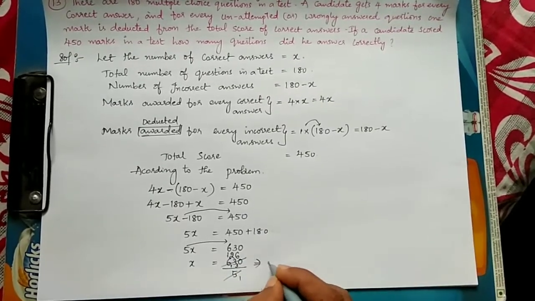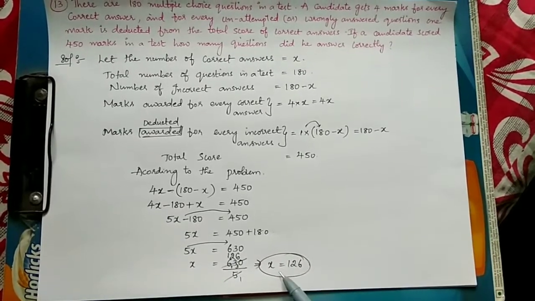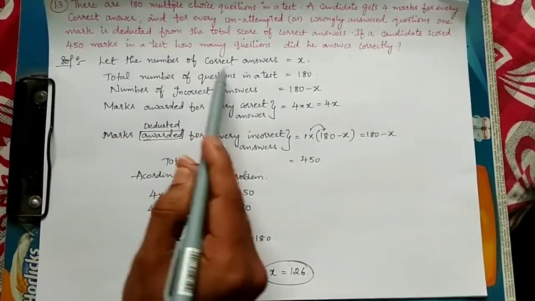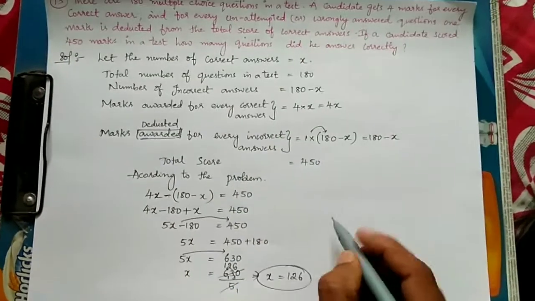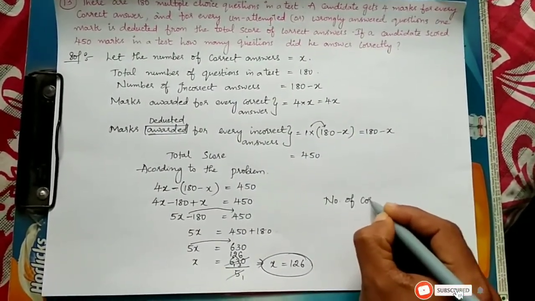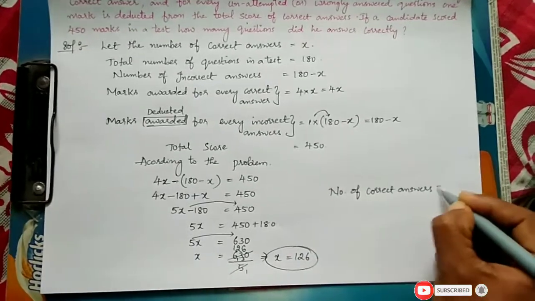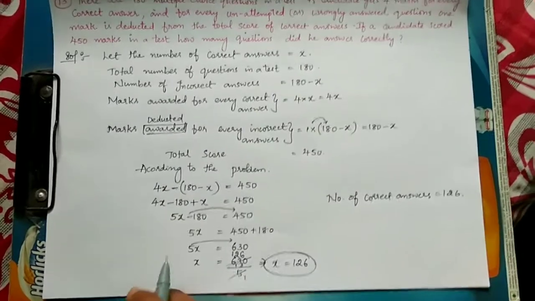That means the value of x is 126. So what is this x called? Number of correct answers. So number of correct answers is equal to 126.